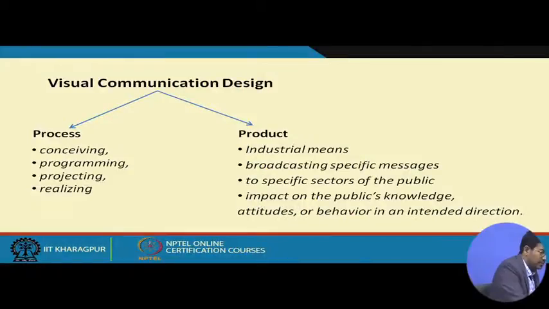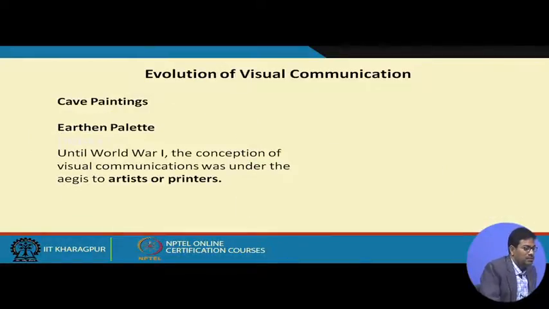Now if we look at the next part of visual communication, we would look at the evolution of visual communication, which in itself is a very interesting facet. Visual communication has been part of human civilization since the dawn of human civilization thousands of years back, when human beings were starting to develop a sense very different from other animals.